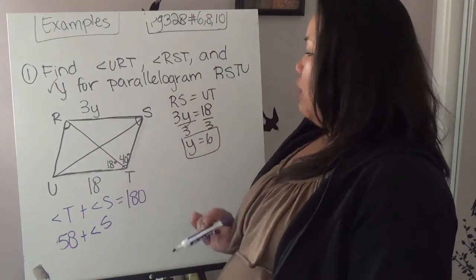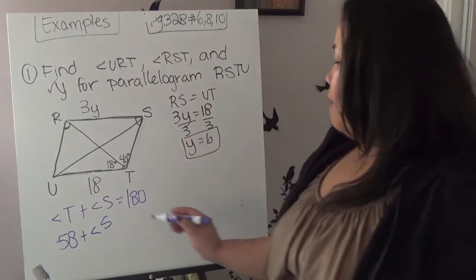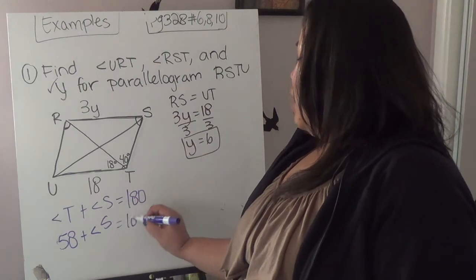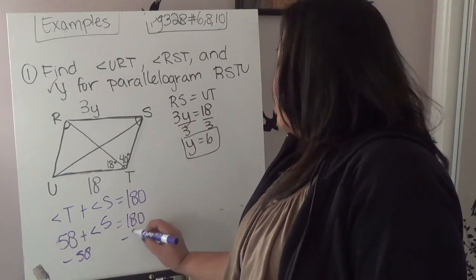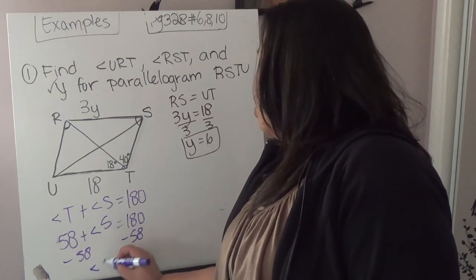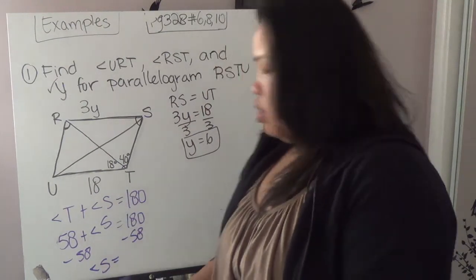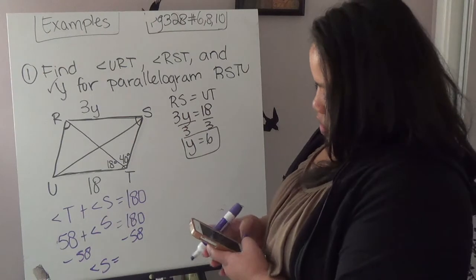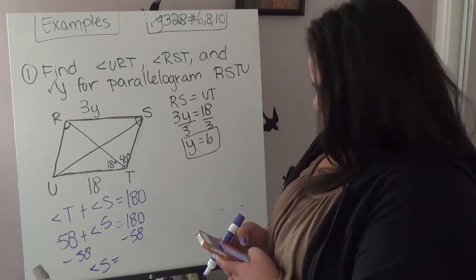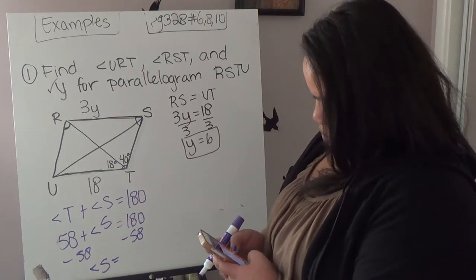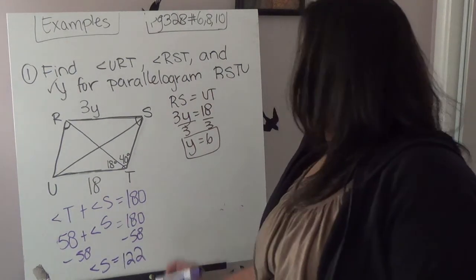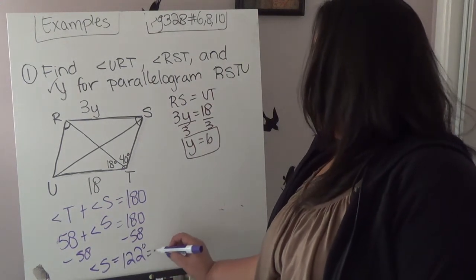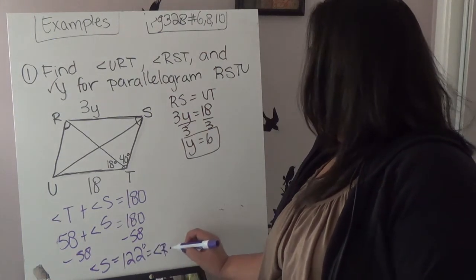RST is the same thing as angle S. So, equals 180. I just subtract 58 from both sides. I end up with angle S equals 122 degrees. And this is the same thing as angle RST.